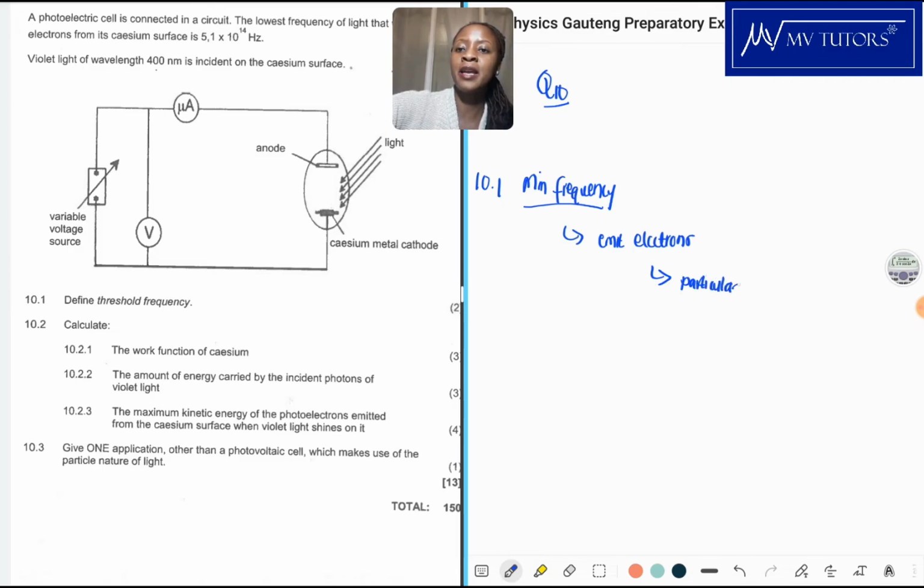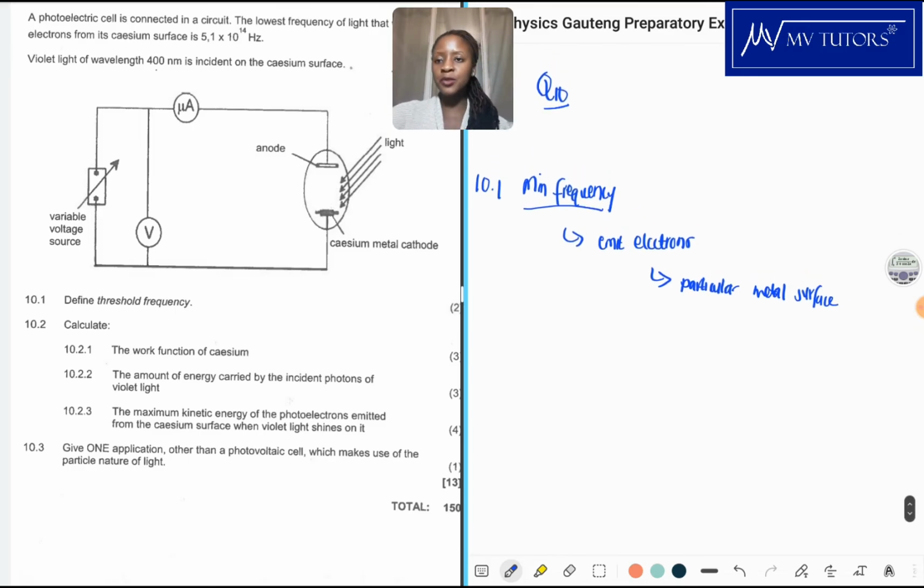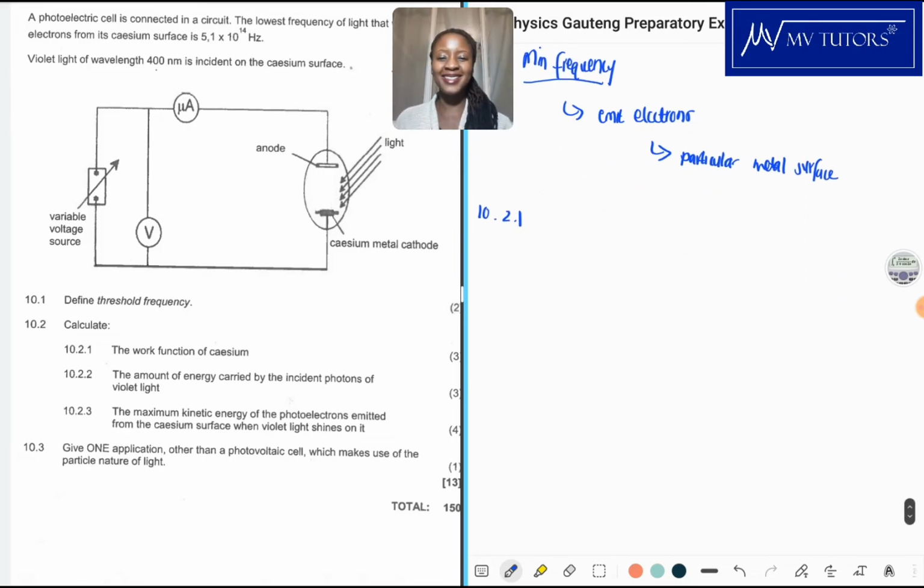It has to be a particular one, because threshold frequencies depend on a certain kind of metal surface.